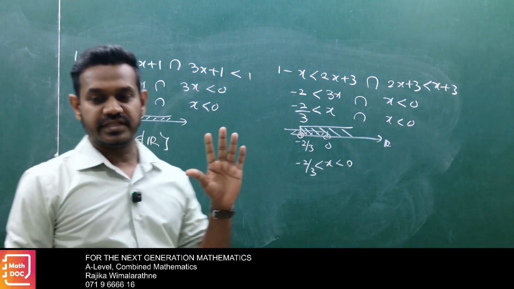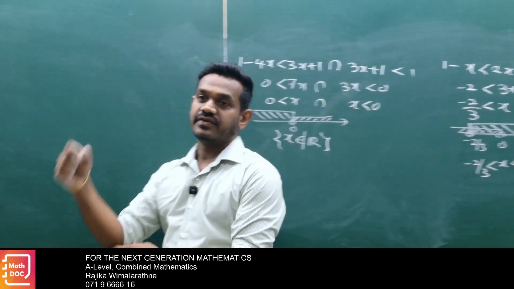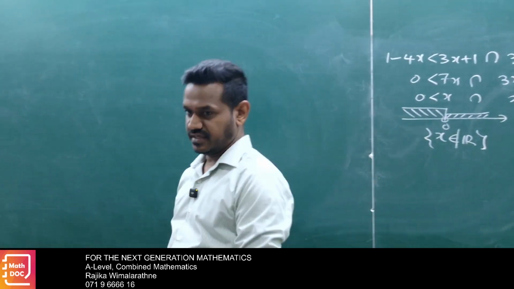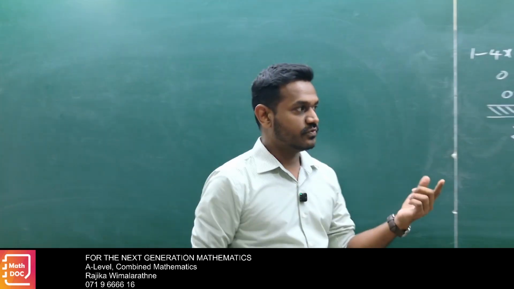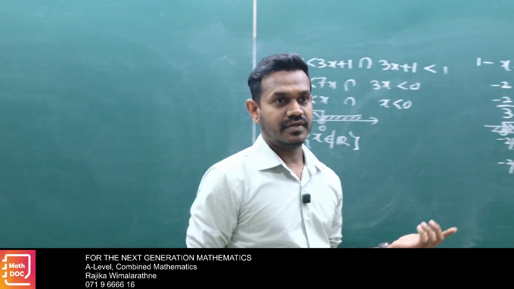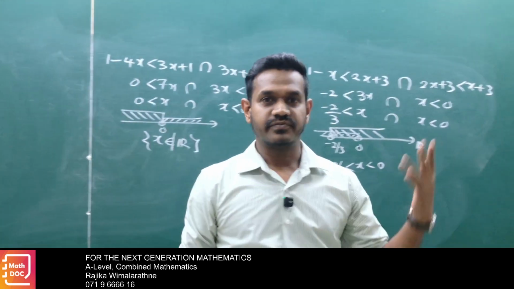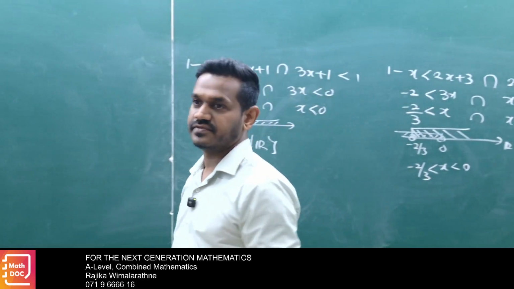Okay, now everything under linear inequalities is done. Linear inequality fully completed. Now we need to move further to polynomial types, quadratic, cubic, and any further polynomial types.